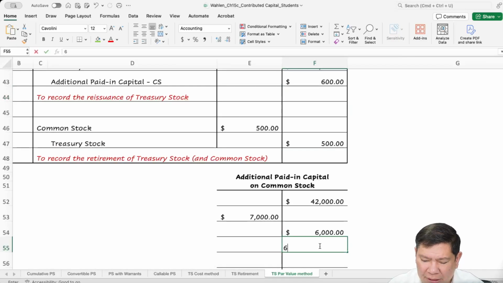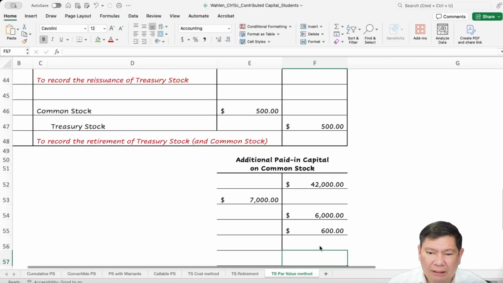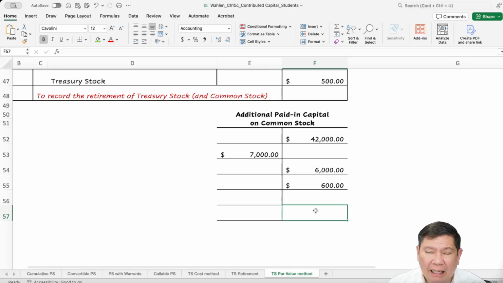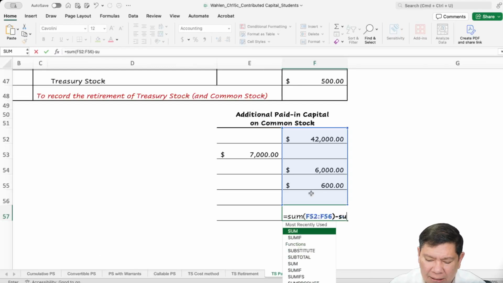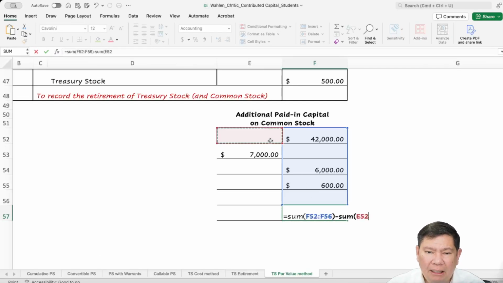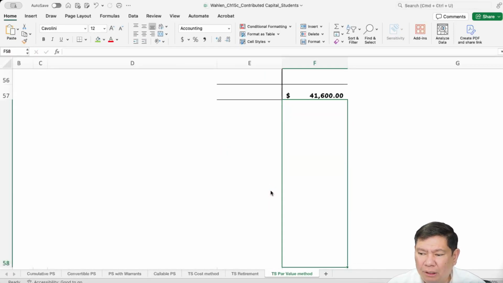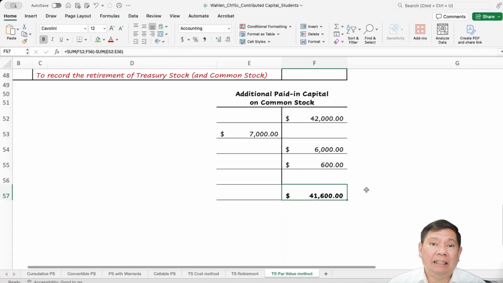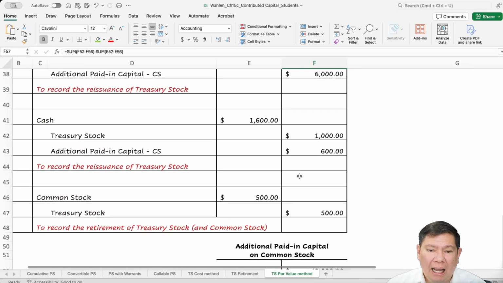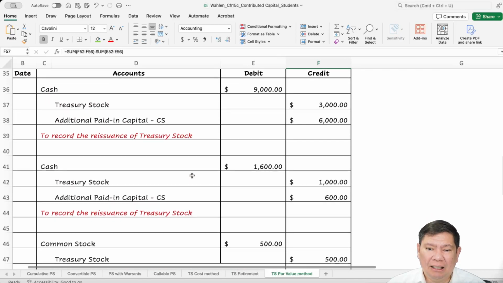So the total additional paid-in capital for the common stock that the company still owns is going to be the total credit minus the total debit. Okay, there is $41,600 additional paid-in capital after all these transactions are recorded.